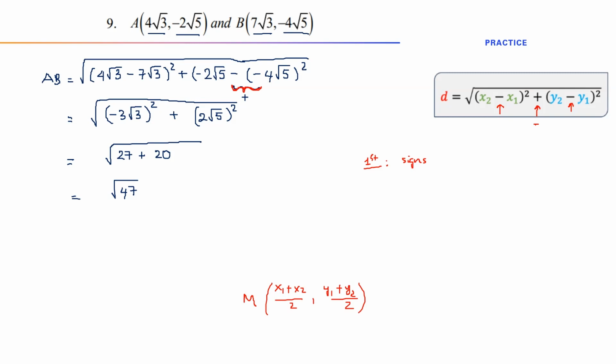For example, they will do minus 2 square root of 5 instead of writing subtract negative 4 square root of 5, they do negative 4 square root of 5 like that. That will be different, negative 6 square root of 5, instead of the right answer, 2 square root of 5.